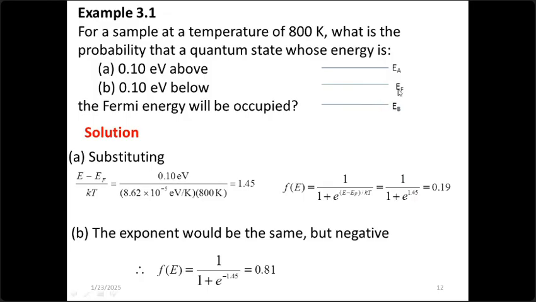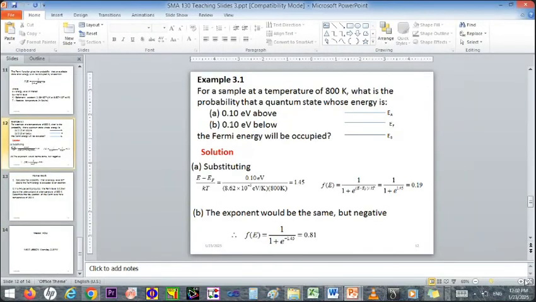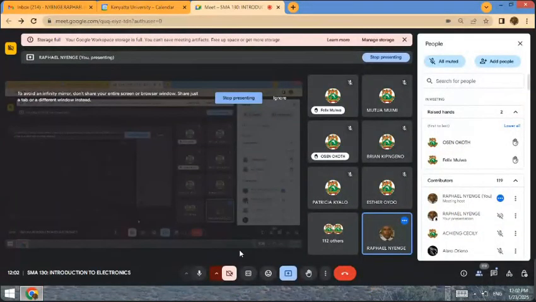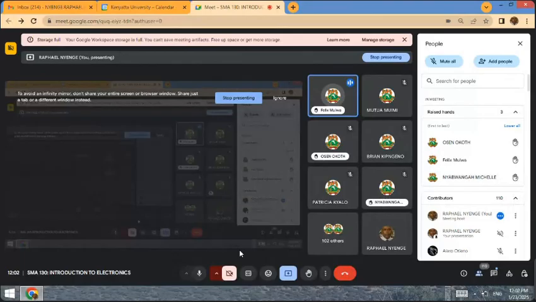What was the question? Is it a question from this slide or another one? Ask your question. For part B, why is the exponent becoming negative? Yes, because we are subtracting. Look at this small diagram on the side here.